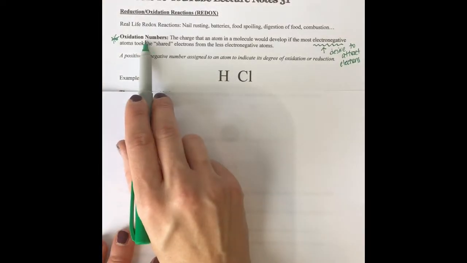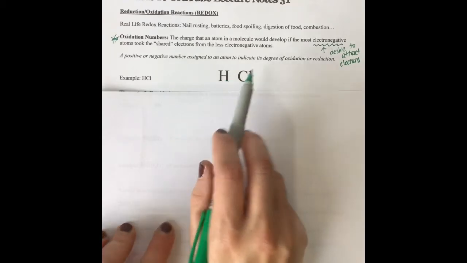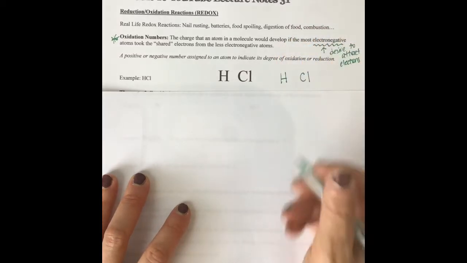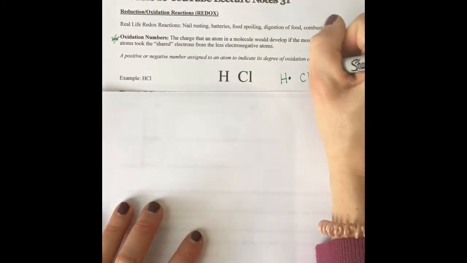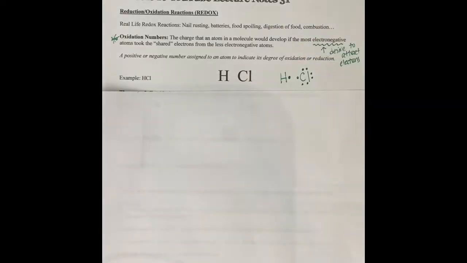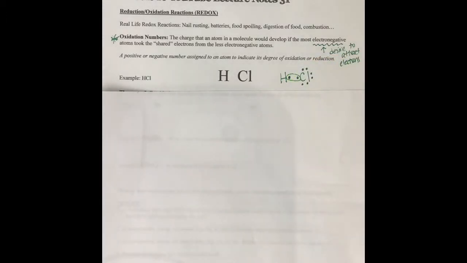We are going to assign oxidation numbers to the molecule HCl. Remember that when hydrogen and chlorine are bonded to each other, hydrogen brings 1 valence electron and chlorine brings 7. Is it kind of coming back to you now? They're going to share these 2 electrons in a covalent bond.